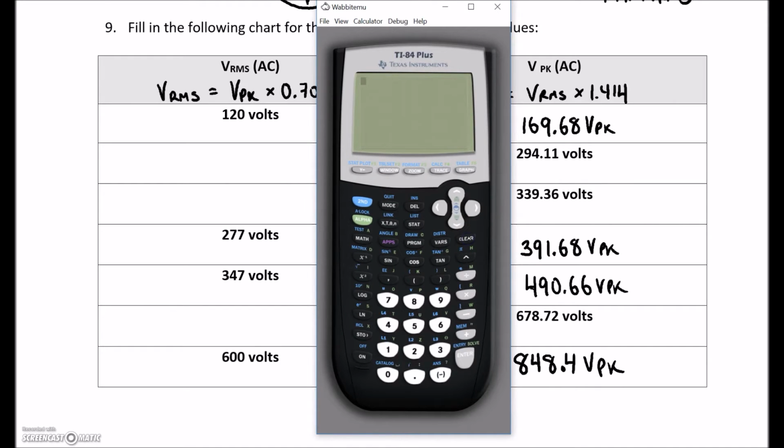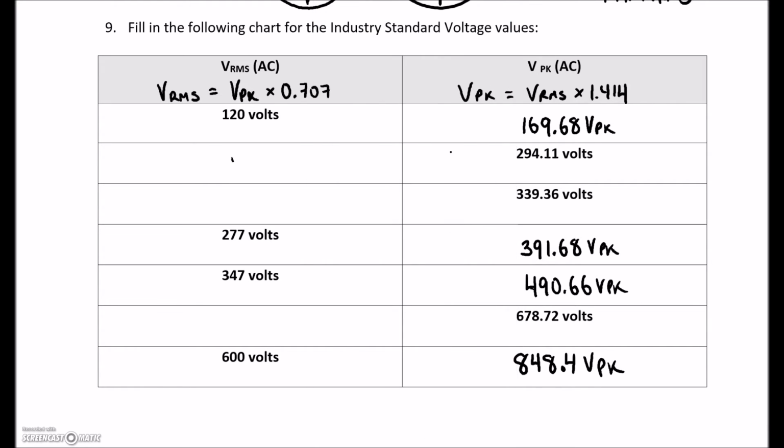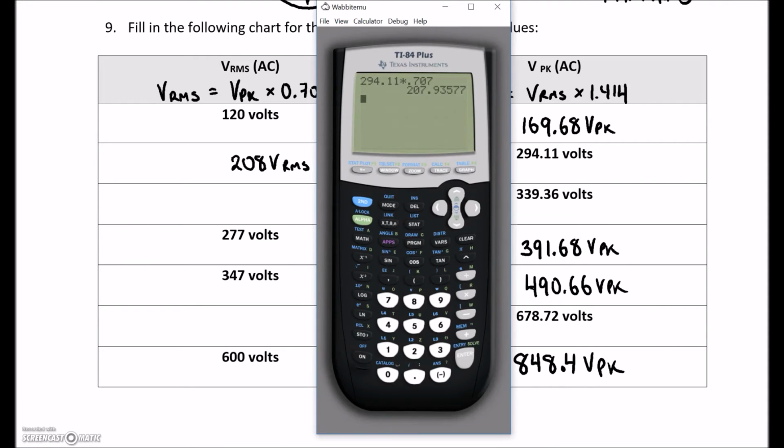Okay, so we've got 294.11, and you're going to multiply that by 0.707, and that's going to give us our RMS voltage, and that gives us 207.93. So you can give me the 207.93, or you can just round it up to our standard voltage of 208 volts RMS.